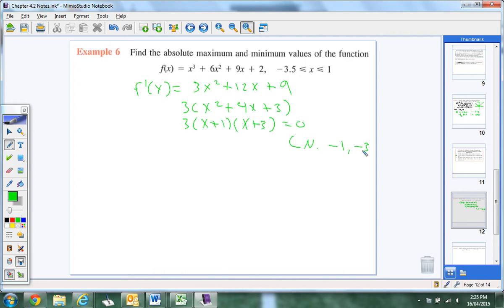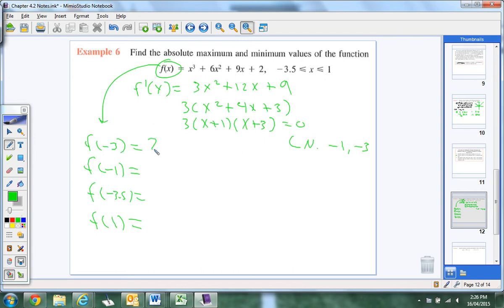Okay, and so now the last part, which is kind of the easy part, you just plug all of those in. You plug in f of -3 to the original, f of -1, f of your endpoints, -3.5 and 1. You plug these into the original and see what the outputs are. When I plug in -3, I get 2. When I plug in -1, I get -2.